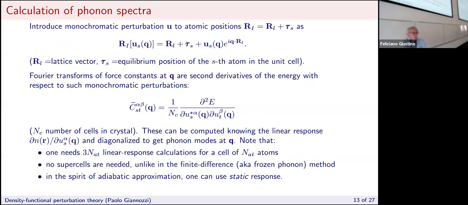In fact, if one considers monochromatic perturbation, so if one writes the position of an atom as the unperturbed position plus the perturbation, then one can compute the second order derivative of the energy with respect to this quantity in reciprocal space and directly find the Fourier transform of the force constant in reciprocal space.